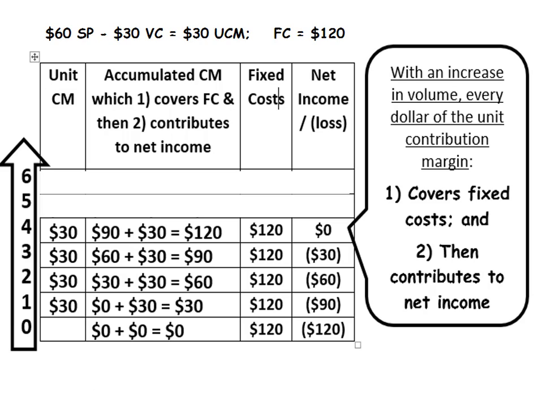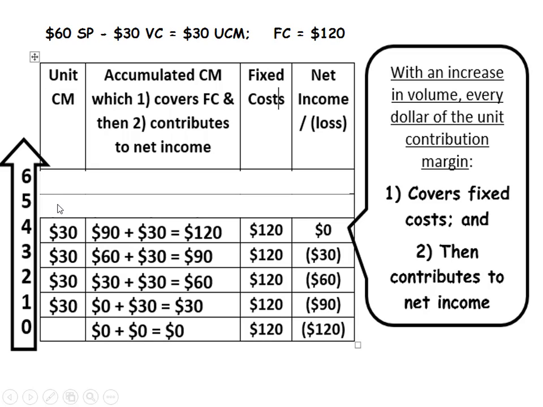Now I compare that against my fixed cost of $120, and I find I can cover all $120 of my fixed cost with my accumulated contribution margin. So my net income/loss is now equal to 0, and again, that is where I break even, where my total revenues equal my total expenses.